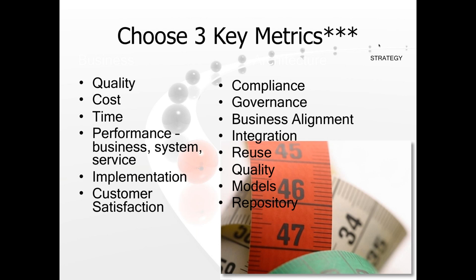Maybe it's the degree of participation and adherence to governance in a certain area, and I'm going to talk a little bit more about that later. Maybe it's business alignment. So what is the number and quality and completeness of business and IT capabilities delivered versus the target? That's getting really detailed in more advanced architecture. But again, these are different things that we want to be keeping an eye on, and you also have to remember if you're going to measure them, you have to start setting yourself up in a position to measure them.